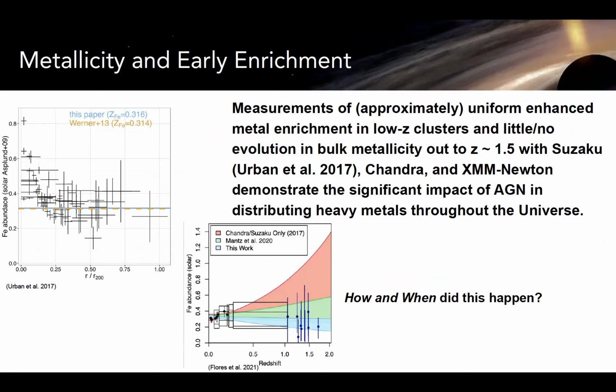And when we extend these measurements of bulk metallicity out to higher redshifts using Chandra and XMM-Newton, we see little to no evidence for evolution in this bulk metallicity, pushing towards and just past a redshift of 1.5. And one of the ideas here is that early periods of star formation paired with intense periods of AGN activity is responsible for enriching the early universe.